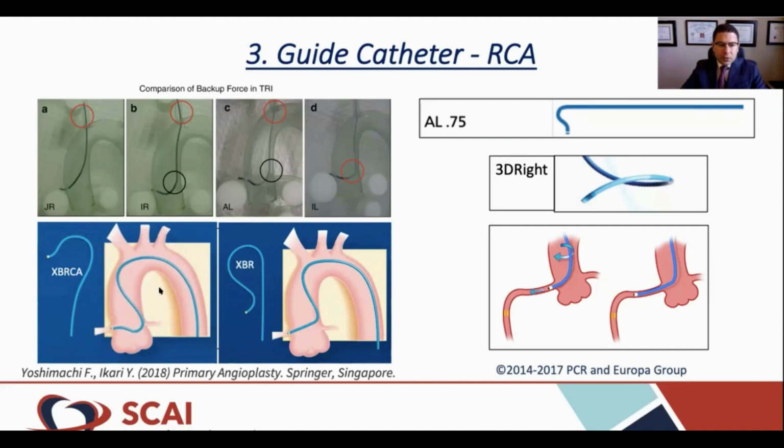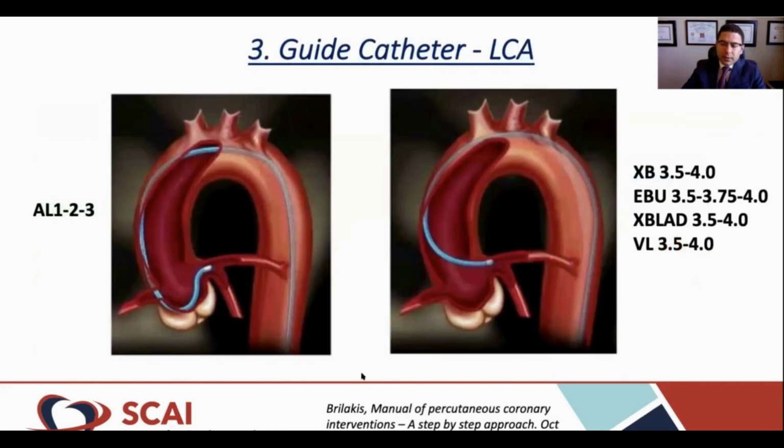One of my favorites is also an XB RCA, which leans on the left sinus, and an XBR for very distal right bifurcation lesions. For the left coronary artery, of course, the AL guides 1, 2, or 3, depending on the aortic diameter, and of course XB, EBU, and VL, depending on the brand, with 3.5 to 4.0, with 4.0 being preferred for more support.